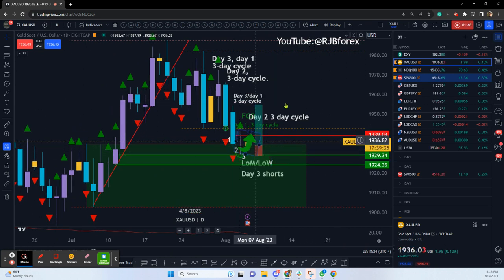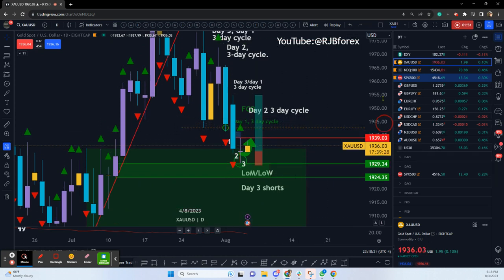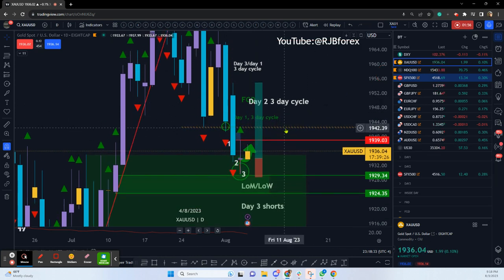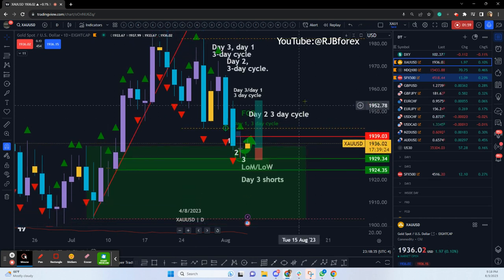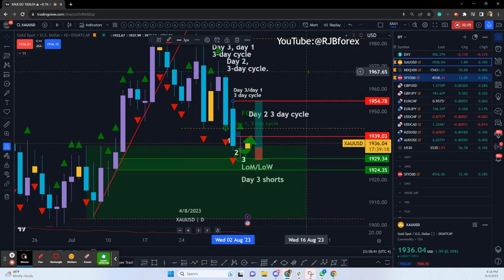So we've got this doji. We're looking for an engulfment on Friday to move higher up into last week's lows and beyond. Potential for a retest up here.